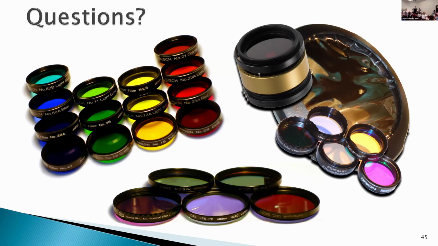So I have a question. Very early on in part one, you showed Mars with three different color filters: red, green, and blue, and they all seemed to have a significant impact on Mars. But then a few slides later, you said if you're going to look at Mars visually, you should use a red filter. I was confused as to why you wouldn't use the green and the blue, because that looked pretty cool.